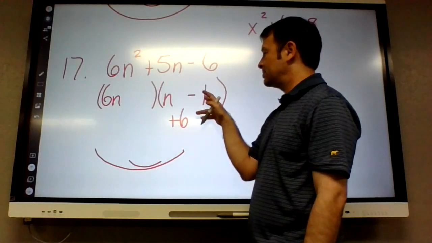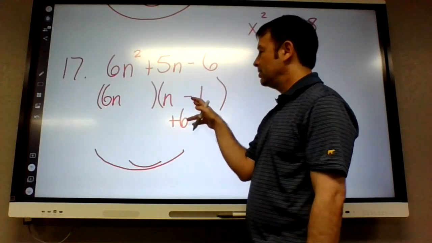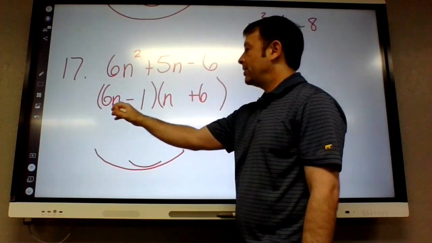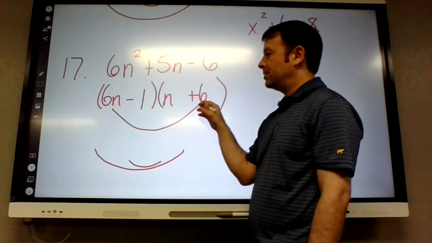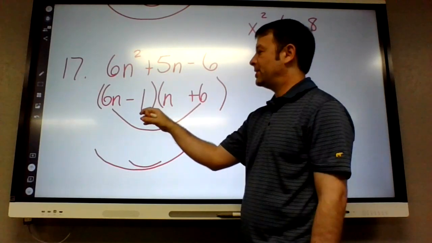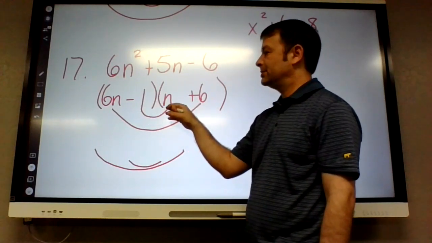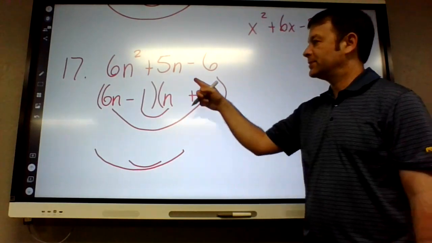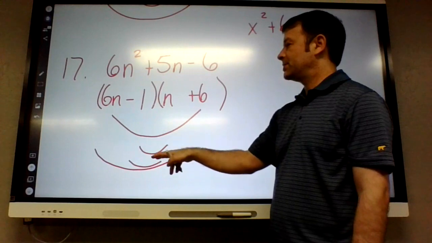You should try and see whether it works the other way. Now the outside is 36 in, and the inside is -1 in, which adds up to 35. So that's not right either. So 1 and 6 doesn't work.